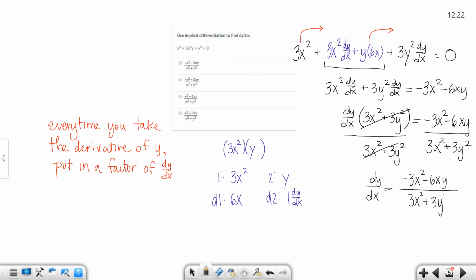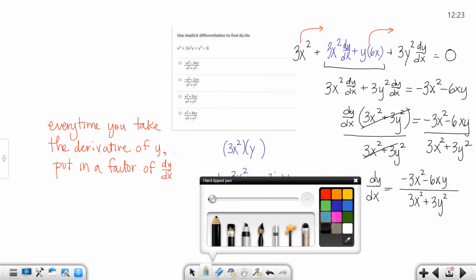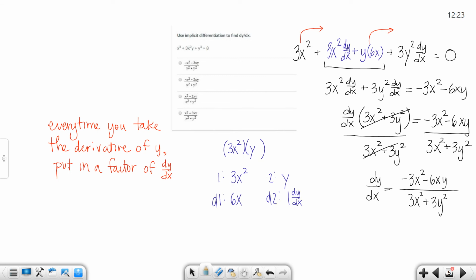Now, if you look at your answer choices, you'll see that that's not any possibility there. But if you look very closely, you'll see that you have a common factor. In the top you have a common factor of 3 and x, and in the bottom you have a common factor of 3. So since you have a common factor of 3 in the top and bottom, I'm going to factor out a 3.